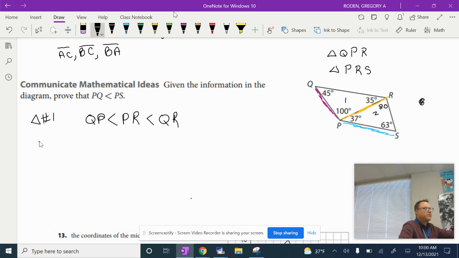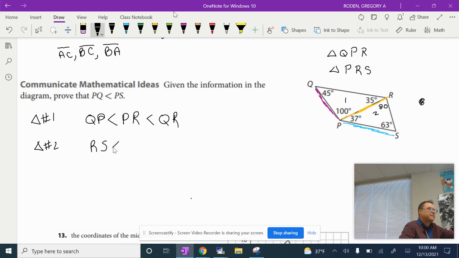Okay, let's talk triangle 2 for a second. Nicole, pull me a stick. Martin, in triangle 2, give me the sides in order from least to greatest. RS. Why is RS starting off, Martin?